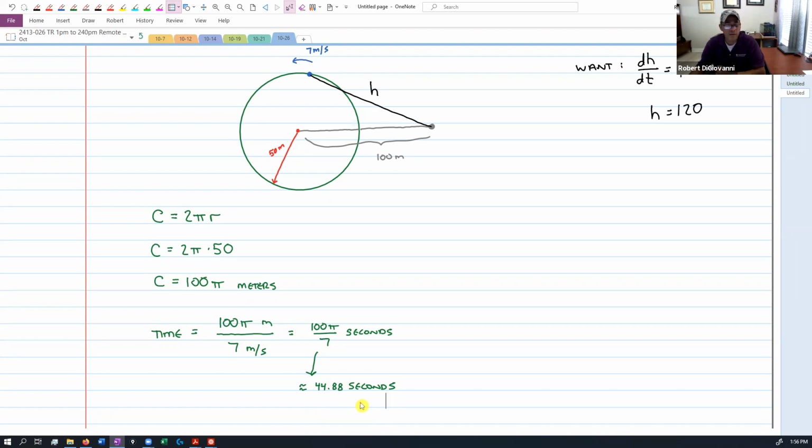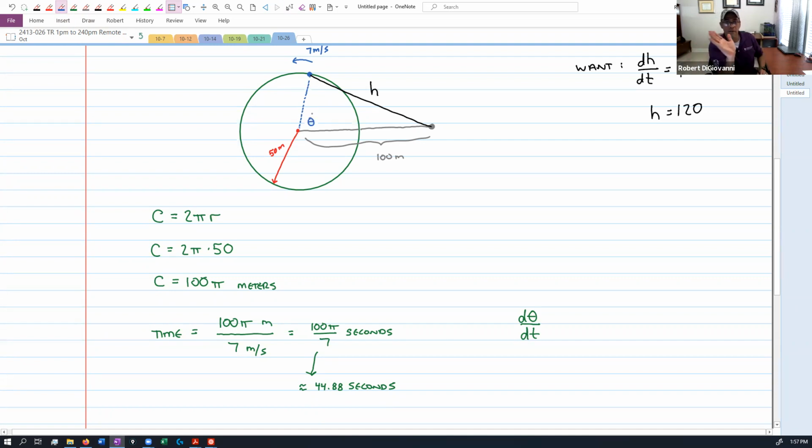So now I'd like for you to consider this. What is her angular speed? What is her change in angle with respect to time? So I need to draw her angle here. Imagine a dotted line connecting from the center of the circle to her and calling this angle right there theta.